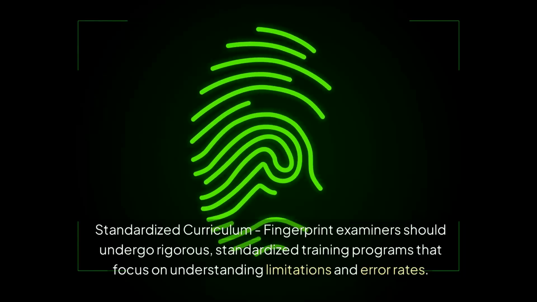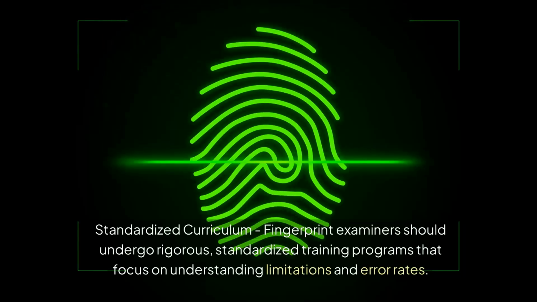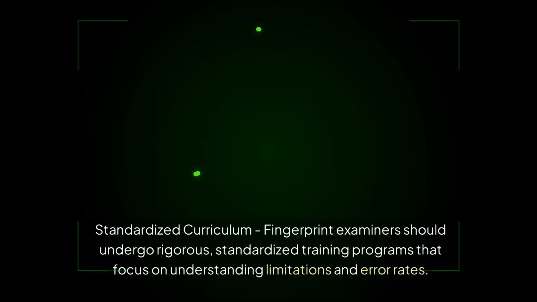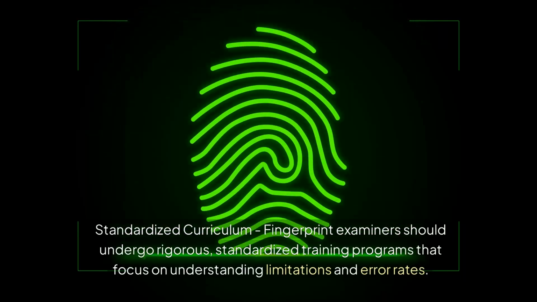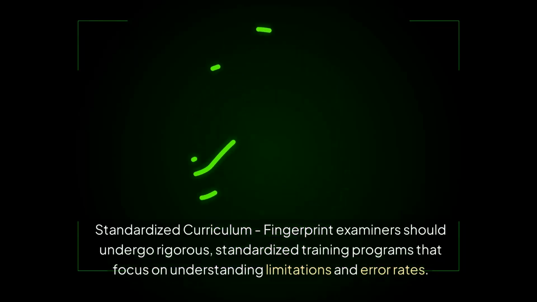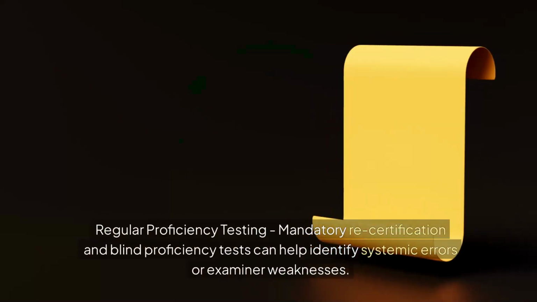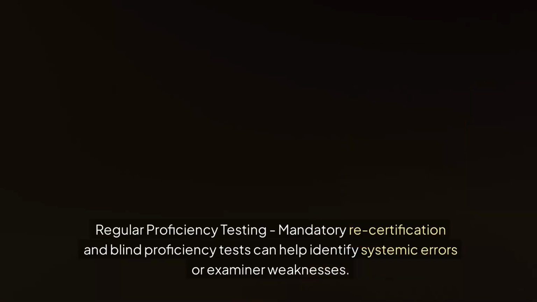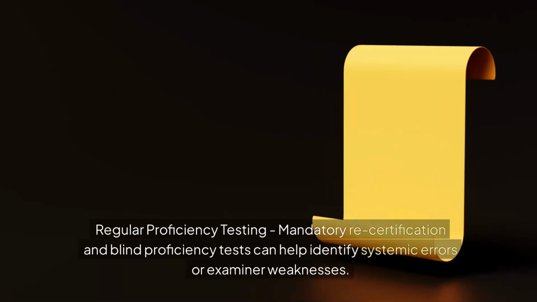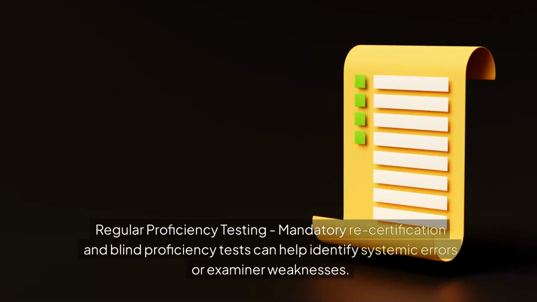Standardized curriculum. Fingerprint examiners should undergo rigorous standardized training programs that focus on understanding limitations and error rates. Regular proficiency testing. Mandatory recertification and blind proficiency tests can help identify systemic errors or examiner weaknesses.